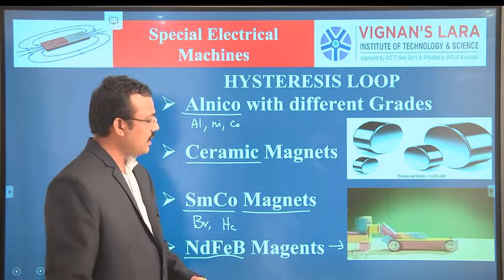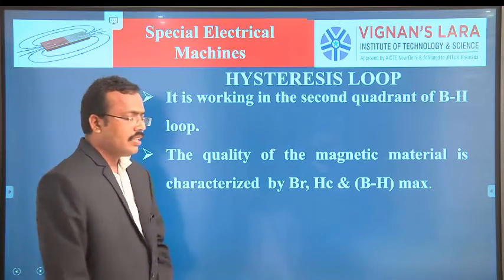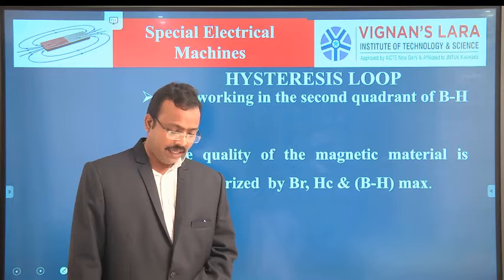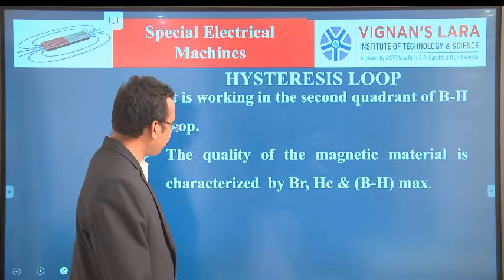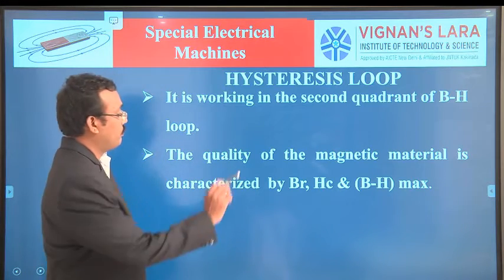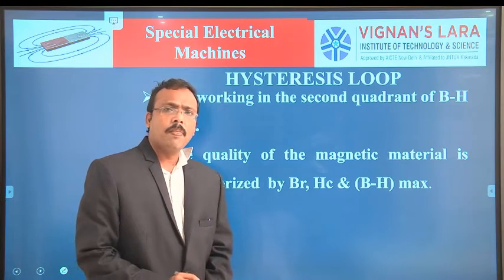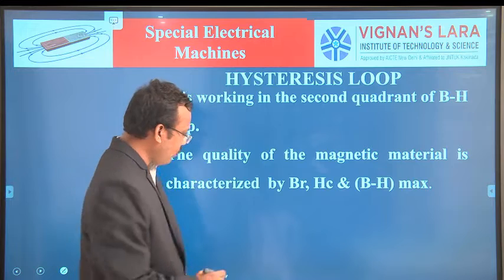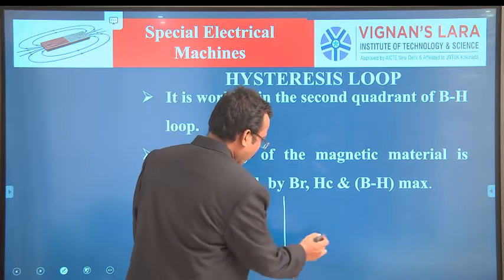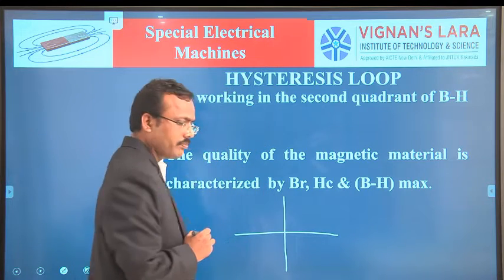In the last class we studied the hysteresis loop of magnetic materials and its properties. What is a hysteresis loop? Permanent magnets work in the second quadrant of the hysteresis curve. Here we have the XY plane.